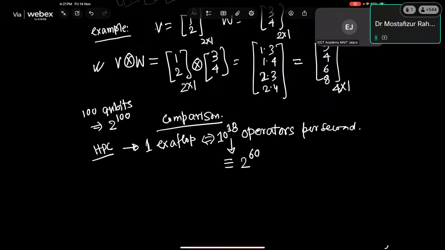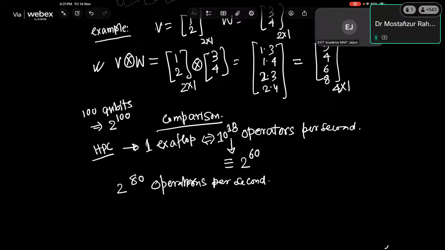But if you have a problem which is just greater than 60, say 80, you want 2 to the power 80 operations per second for some application, maybe femtochemistry applications, biomolecular simulations, quantum finance, these kind of things, then you can realize HPC alone is not enough, right?